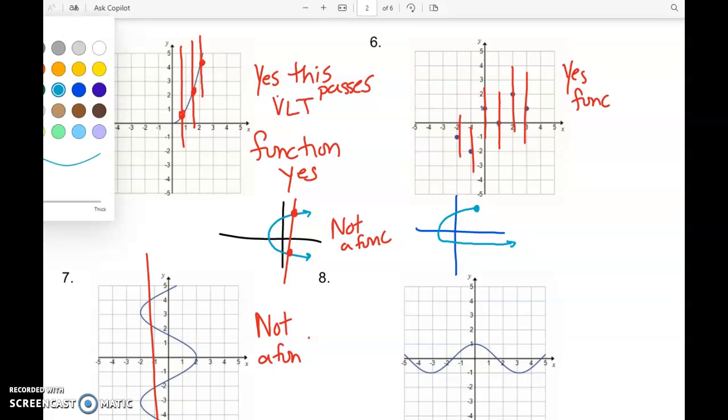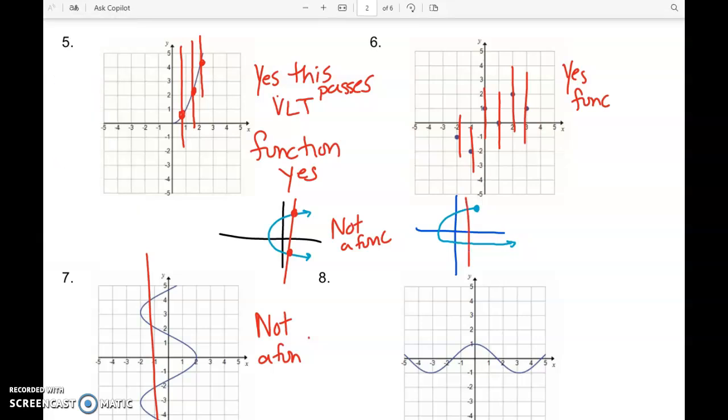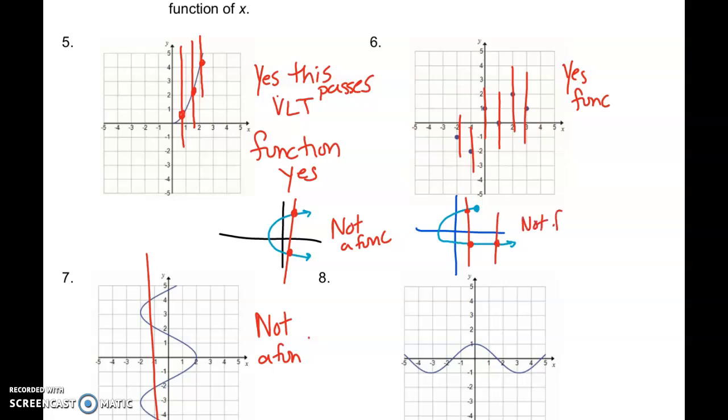And so when I draw the vertical lines through, well, it fails here, but it doesn't fail here. So I would still say it's not a function. So unless I restrict it to a certain area, it would not be a function. And then the last one here, wherever I draw a vertical line, it only crosses in one spot. So this is yes, a function.